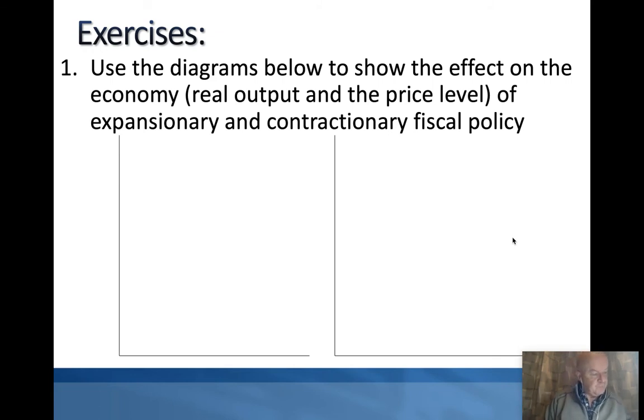Now, the other thing to bear in mind is that budget deficits can be caused by two different things. One can be cyclical budget deficits, where we're going through the economic cycle, and the upswings and downswings of the economic cycle will cause, in some cases, cyclical budgetary deficits.